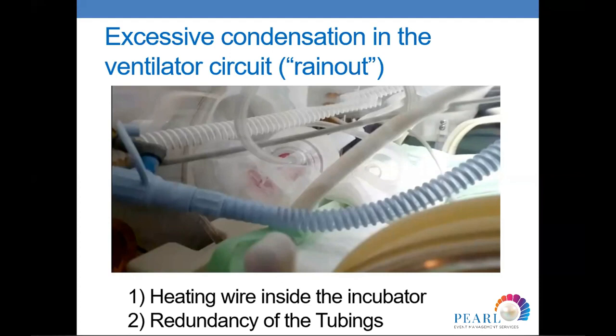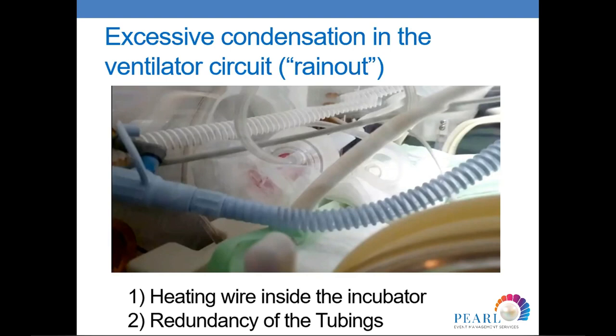What do you think? The trap is outside, near the ventilator. Yes. First of all, the tube is hanged in this way. It should be straight, so the water will drain independently.